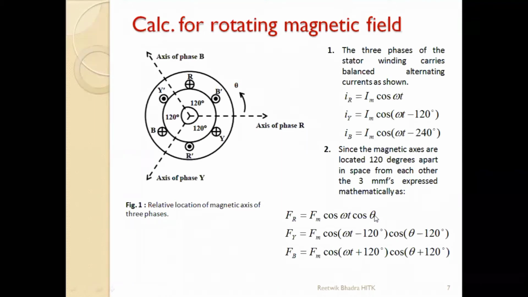You can take the space angle as alpha also; in many books they have given alpha. That is up to you. Then FY is cos theta minus 120 degrees, and this is cos theta plus 120 degrees. So 3 MMFs, FR, FY, FB, are separated in the time domain by 120 degrees as well as separated in space by 120 degrees.